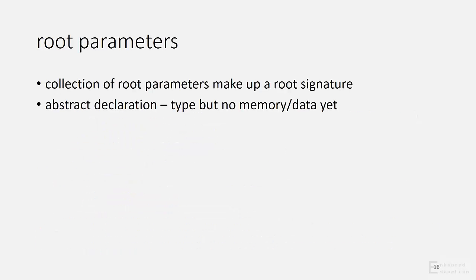Just like how in a function signature there's a set of function parameter declarations, in the root signature there are a set of root parameter declarations, where each parameter declaration is abstract in that it defines only a type, but there's no memory or data associated with the parameter yet.